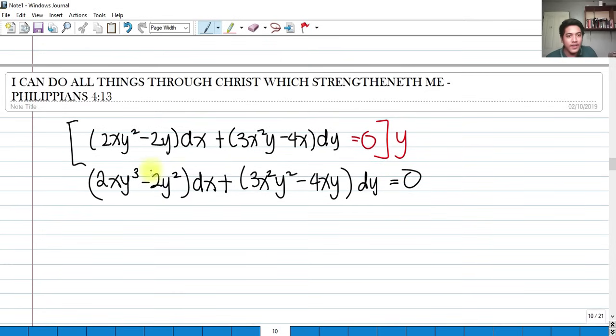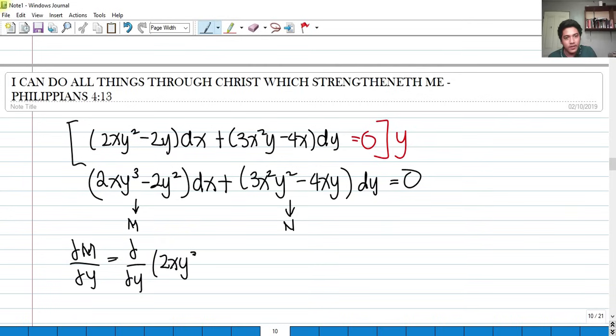Again, this is our new m. This is our new n. We're going to test for its exactness, because we believe that if we multiply by the correct integrating factor, we would arrive at an exact differential equation. So we're going to get the partial of m with respect to y. With respect to y, we have 3 times 2 is 6, 6xy squared, and with respect to y, this is minus 4y.